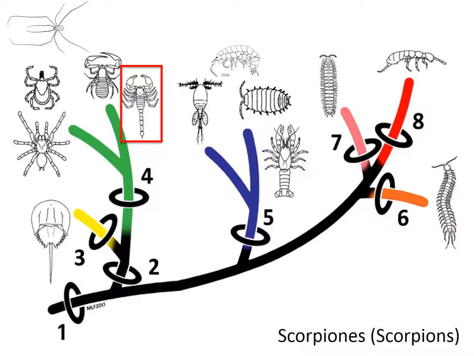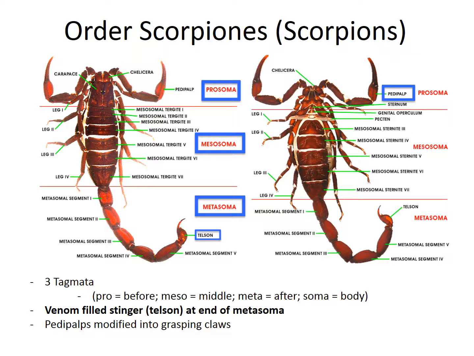The next group that we're going to talk about is also a fairly familiar one, Scorpiones, or scorpions. And scorpions all pretty much look like what's pictured on the screen here. They're characterized by three tagmata: the prosoma, or the front body, the mesosoma, the middle body, and then the metasoma, which is the after body.